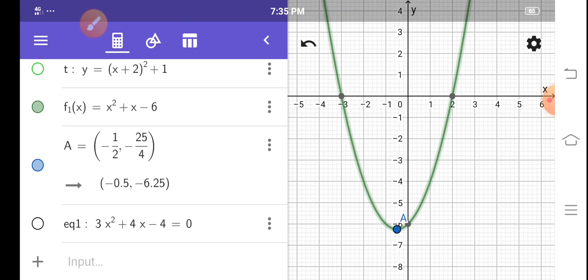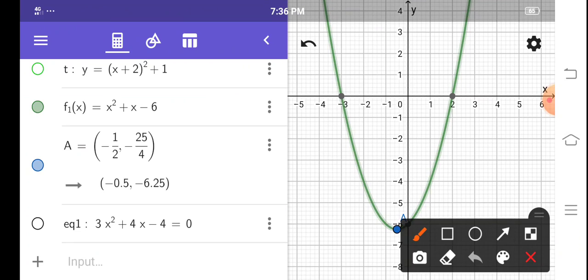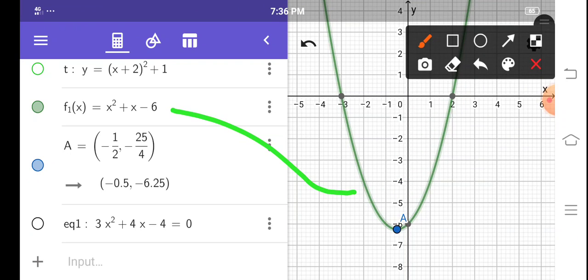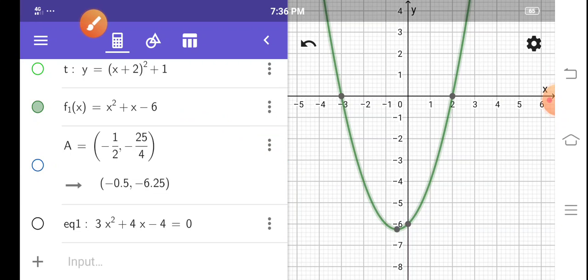Okay, in this case, for example, we have our equation, this one. And of course, our vertex is this one. This point A is our vertex. It is the turning point of our graph.